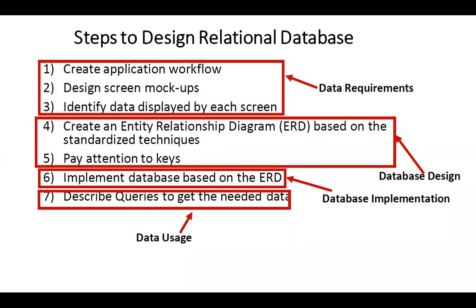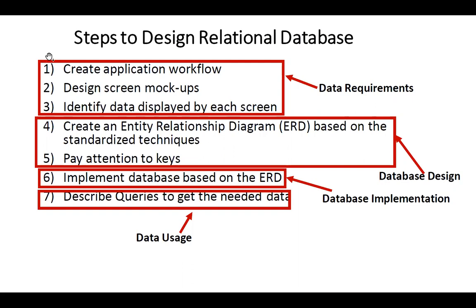So I want to go over the process for designing a relational database first. We have 1, 2, 3: create an application workflow, design mockup screens, and identify data we need to display on each screen. 1, 2, 3 make up the conceptual stage. At the conceptual stage, our primary focus is gathering the data requirements, right? So it's about putting the data requirements in writing.